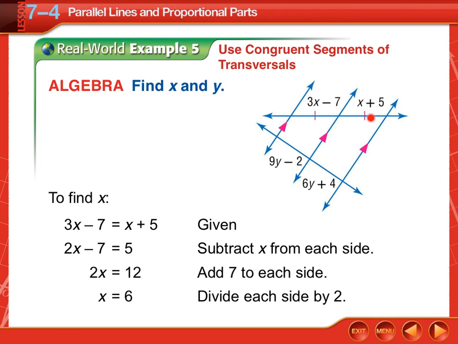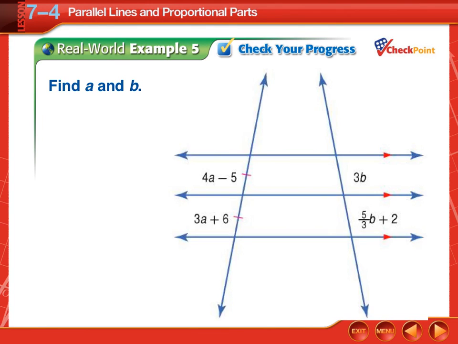Because these are marked congruent, you can easily solve for x by putting these two expressions equal to each other. And if these two are congruent and these lines are parallel, then you know that these segments are also congruent. And you could put 9y minus 2 equals 6y plus 4 and easily solve for y. And I'm going to let you practice on this problem.